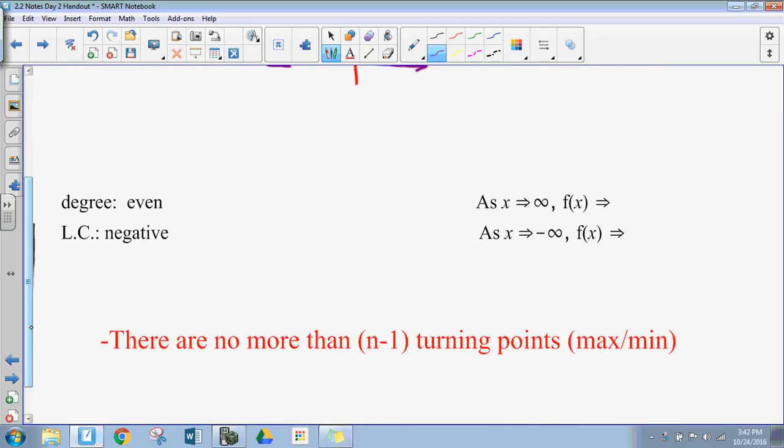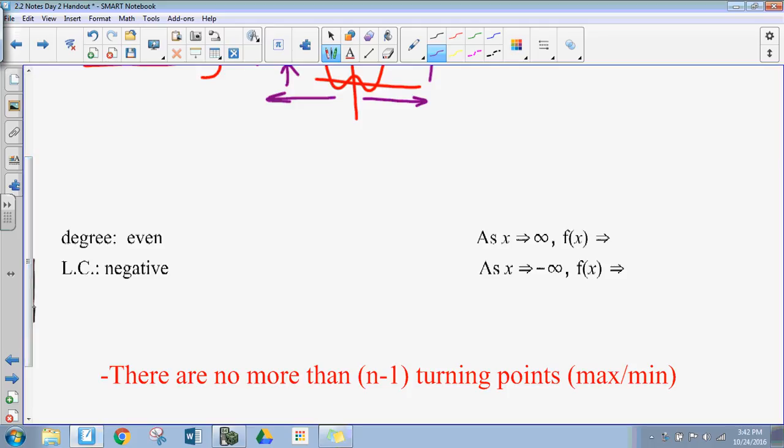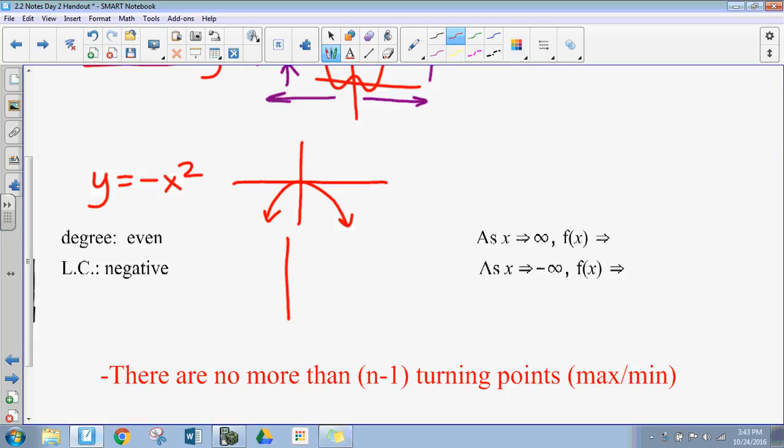Okay, so think about the equation of an even degree that's negative, so like negative x squared would be an even degree with a leading coefficient that is negative. So that is a reflection over the x-axis. So that would be the graph of that function.